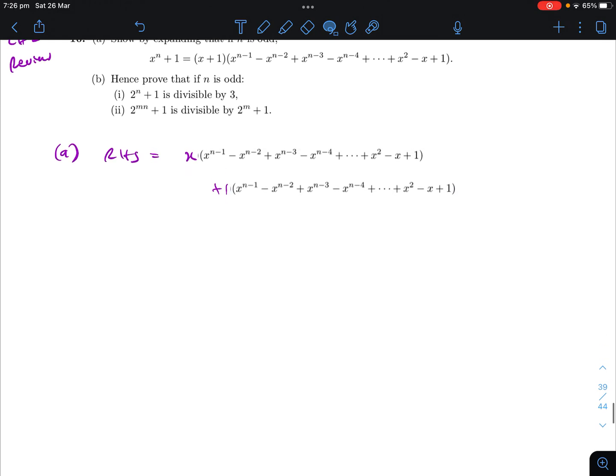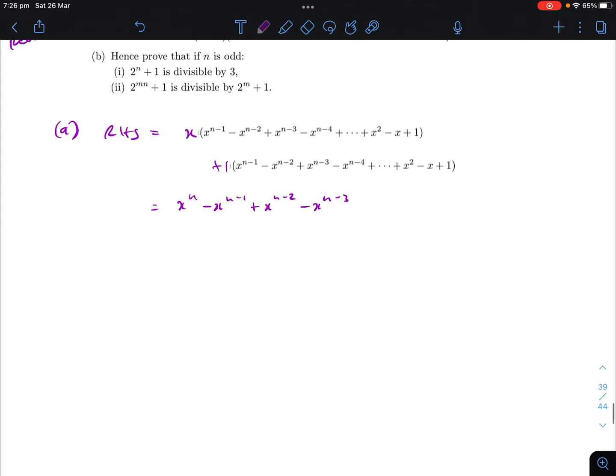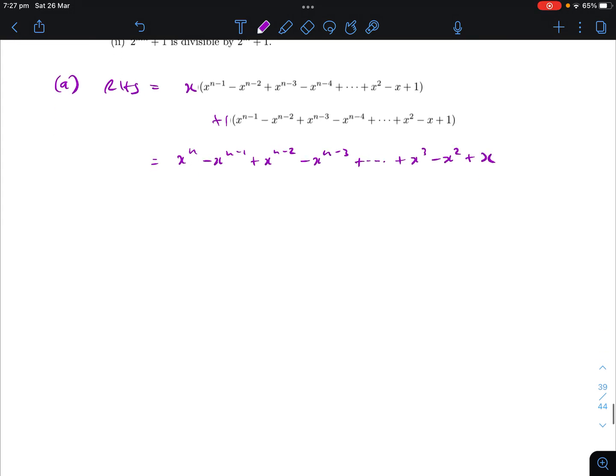Which is what? Well, it's x to the n minus x to the n minus 1 plus x to the n minus 2 minus x to the n minus 3. You're adding 1 to each of these powers because you're multiplying by x to the power of 1, and then plus ellipsis plus x cubed minus x squared plus x.